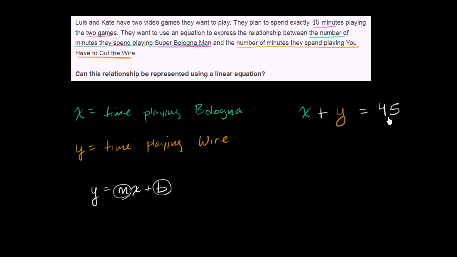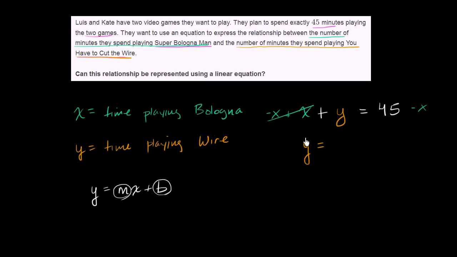Well, if we want to do that here, we could just subtract x from both sides. So negative x plus this, and then subtract an x there. That's going to cancel, and you're going to be left with y is equal to 45.